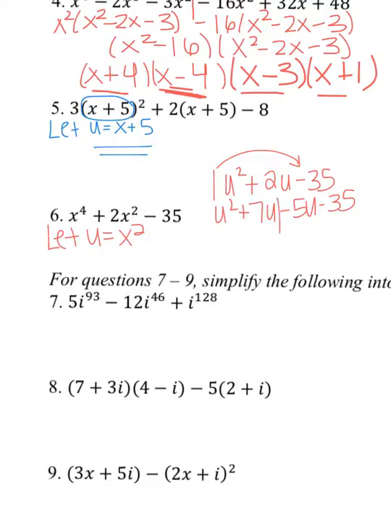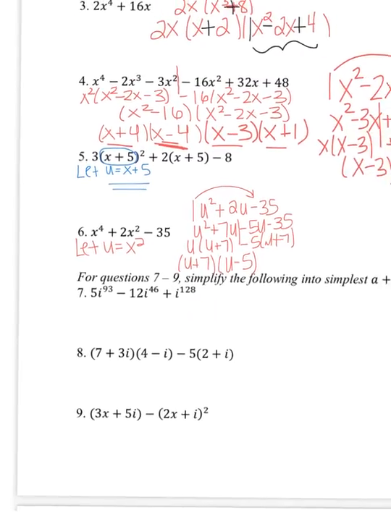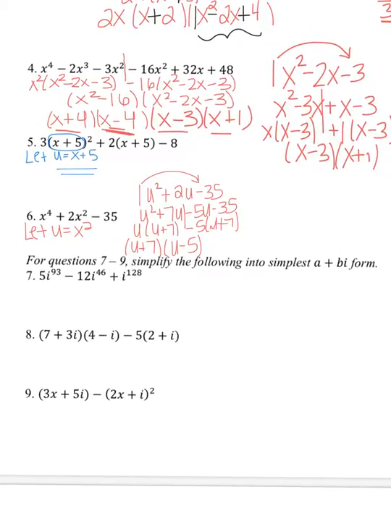On the left side, take out a u, I'm left with u plus 7. On the right, negative 5, left with u plus 7. So this is now u plus 7 times u minus 5. But again, I need my answer to be in x's. So I'm just going to take out u and replace it with x squared.